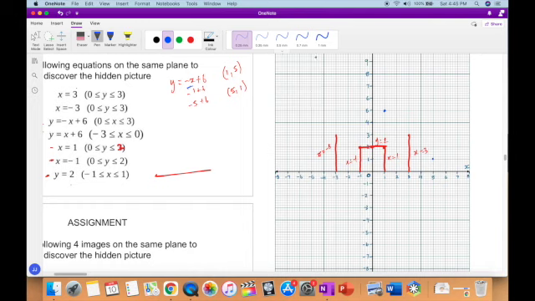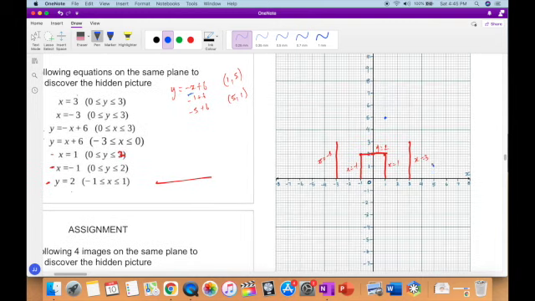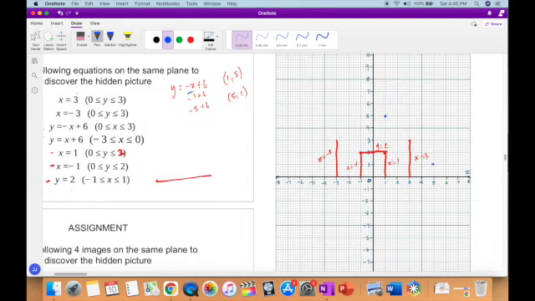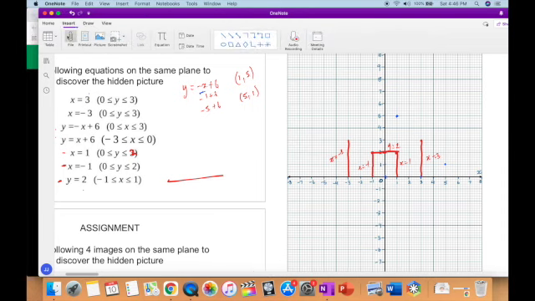We could draw the line straight across like that, but the line does have a range. The range of this line is between 0 and 3, so 0 is here and 3 is here. Let me just draw the full line first, insert a line, and the full line looks like this.